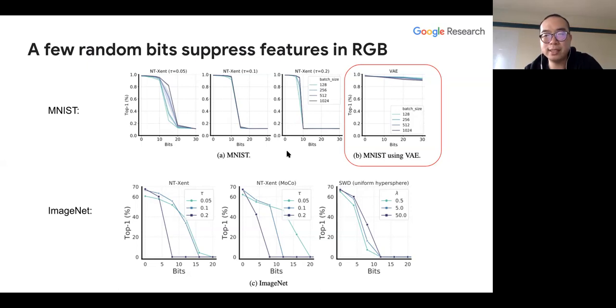And what's interesting is that if you use a reconstruction based method like VAE, it is not as bad as contrastive learning with respect to ImageNet.